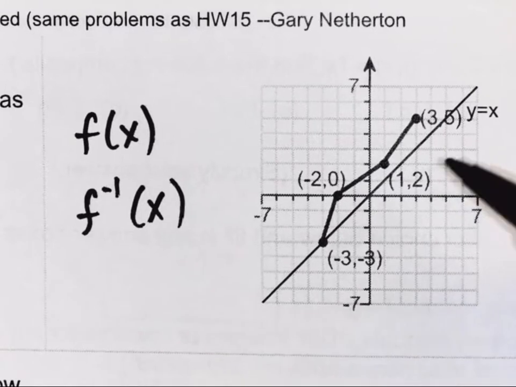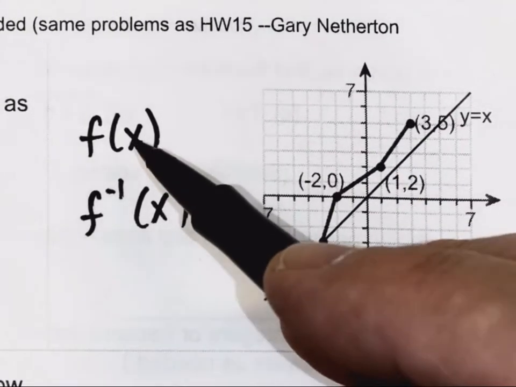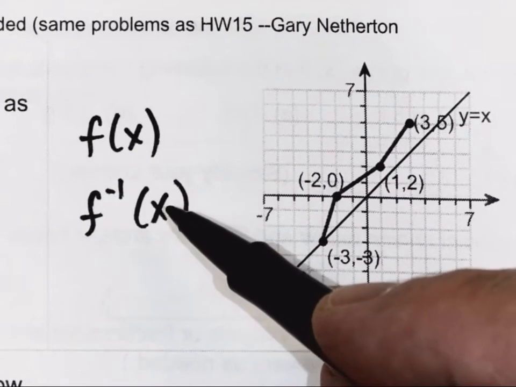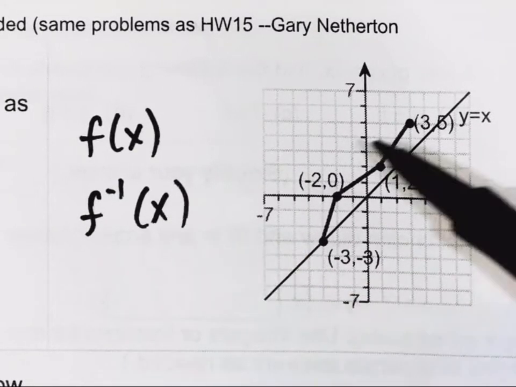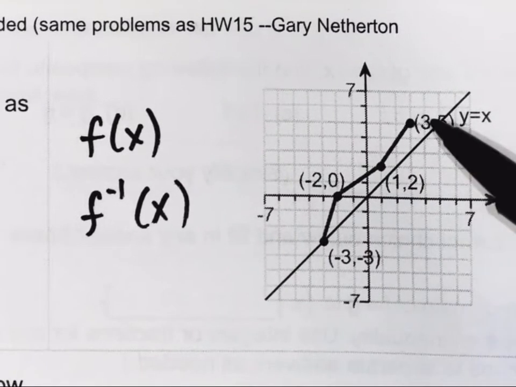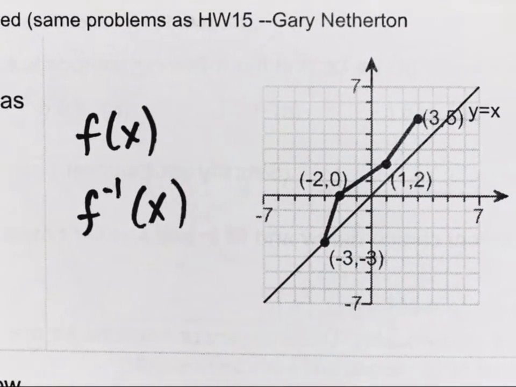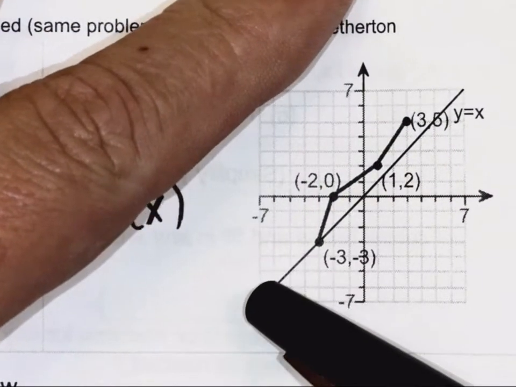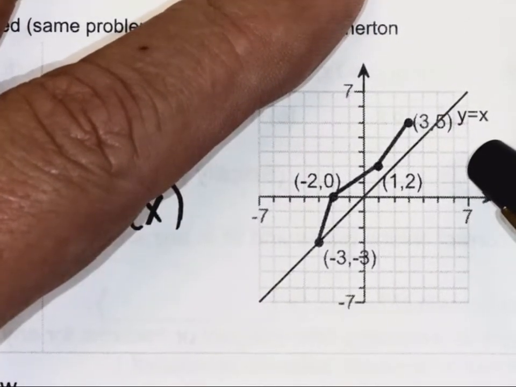So in a sense, this graph here is a graph of a function f of x, and they want us to now figure out what the graph of the inverse function would look like. Now in this case, it's very simple. When you have a graph of a function, if you want to find the inverse function, all you have to do is draw in this line here, which is the line y equals x.